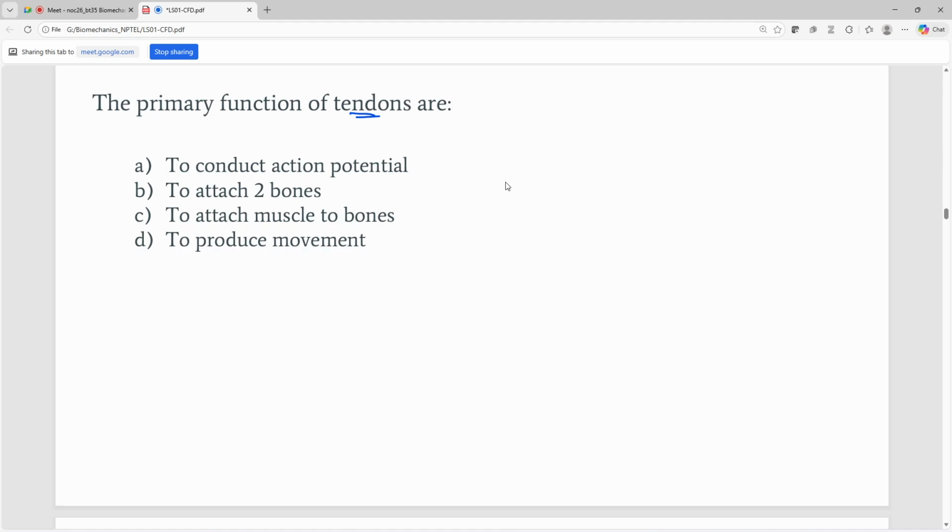You might have studied it in school, and you might know what a tendon is. Options are: option A, to conduct action potential; option B, to attach to bones; option C, to attach muscle to bones; option D, to produce movement. Which of these is the primary function of tendons?